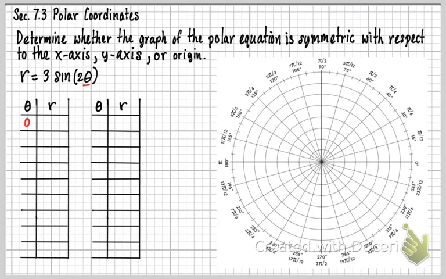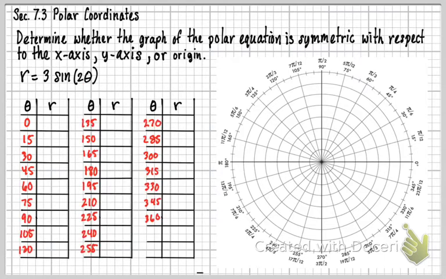So I'm going to take that approach with this one. I'm going to do every 15 degrees. So actually, I'm probably going to need a third table. So I'll get 0, 15, 30, 45, and I'm going to go all the way around to 2 pi. Yep, so almost 3 complete tables I needed here.